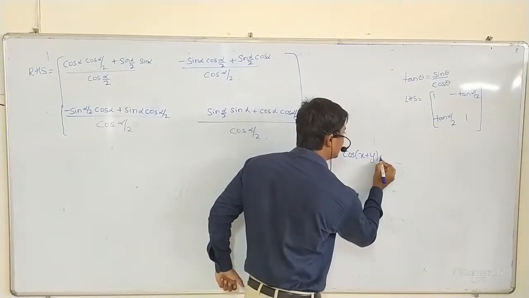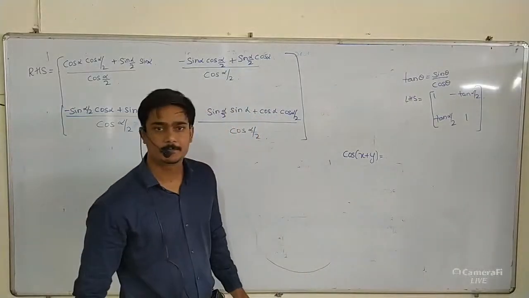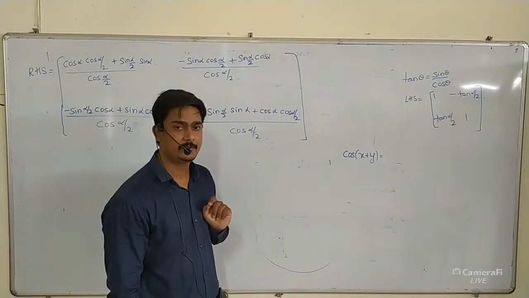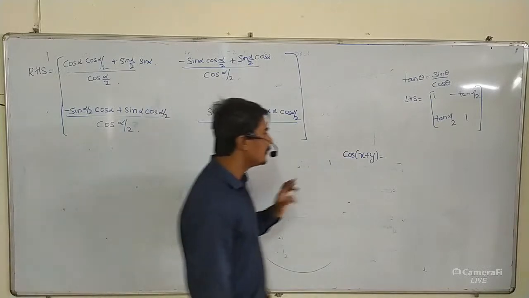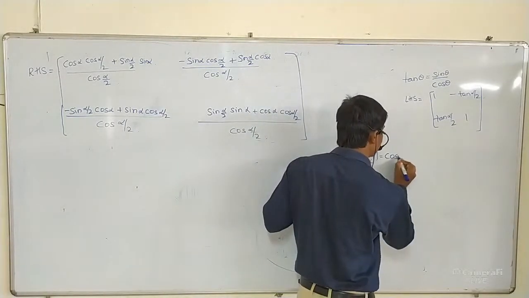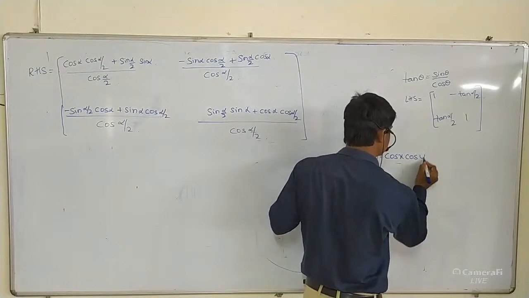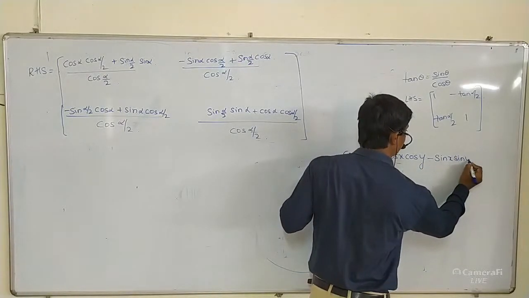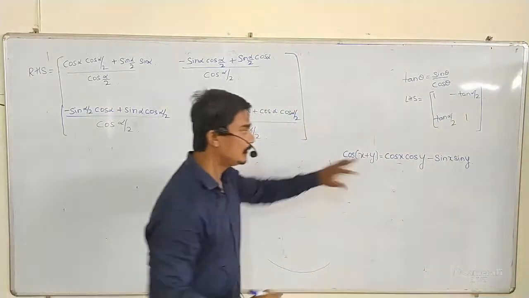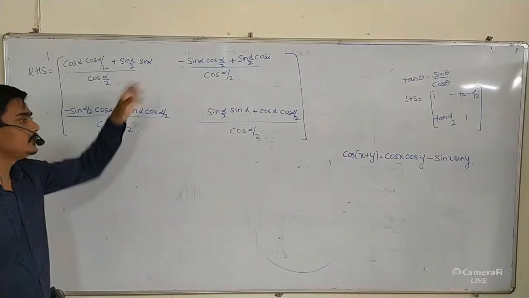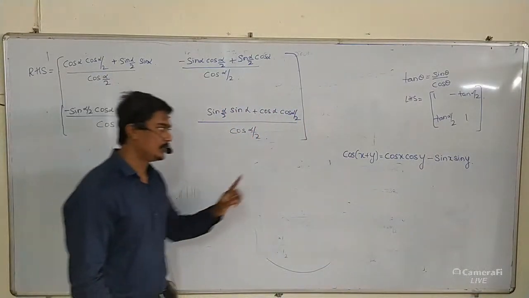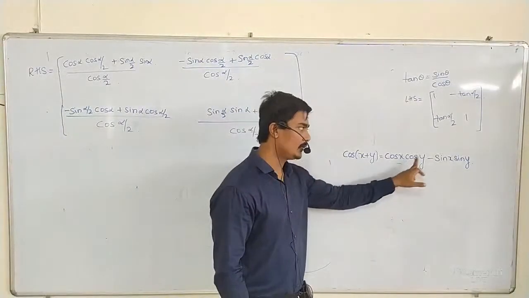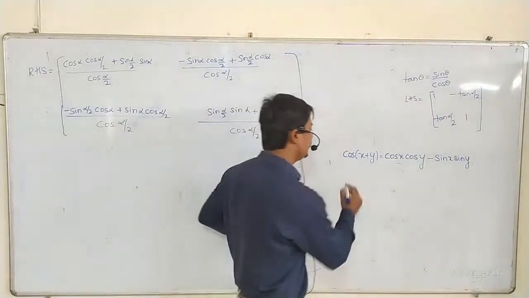We have already learned it in our PUC first year in the trigonometric functions chapter. Okay. What is cos of x plus y? It is cos x into cos y minus sin x into sin y. You need to know these formulae to simplify each numerator. So cos of x plus y is cos x cos y minus sin x sin y.